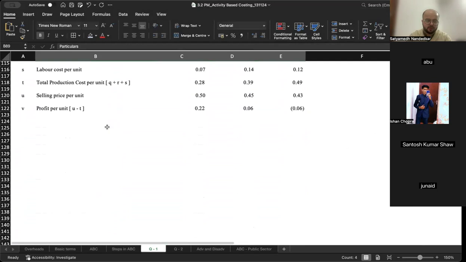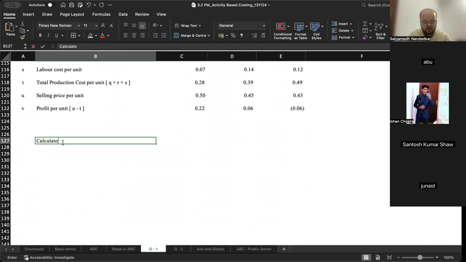Okay, so now this is calculation of cost using traditional absorption costing approach.